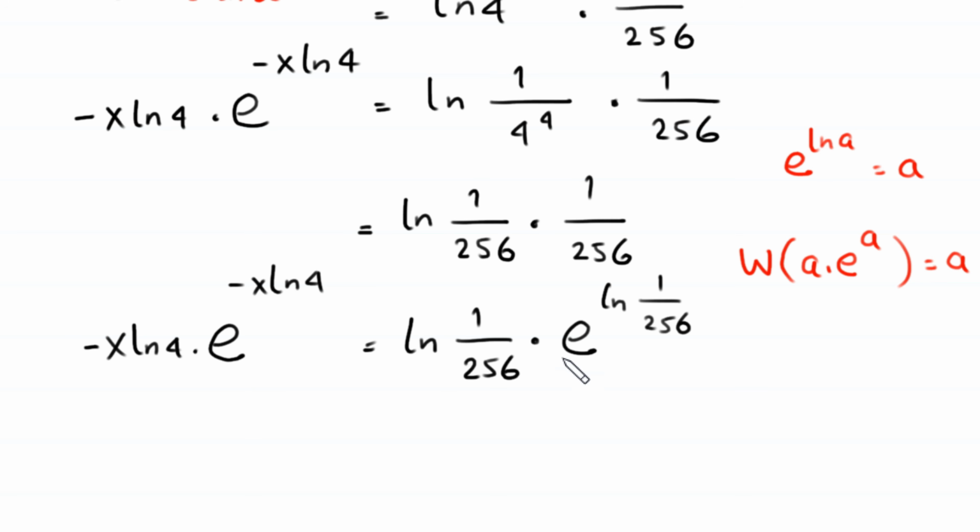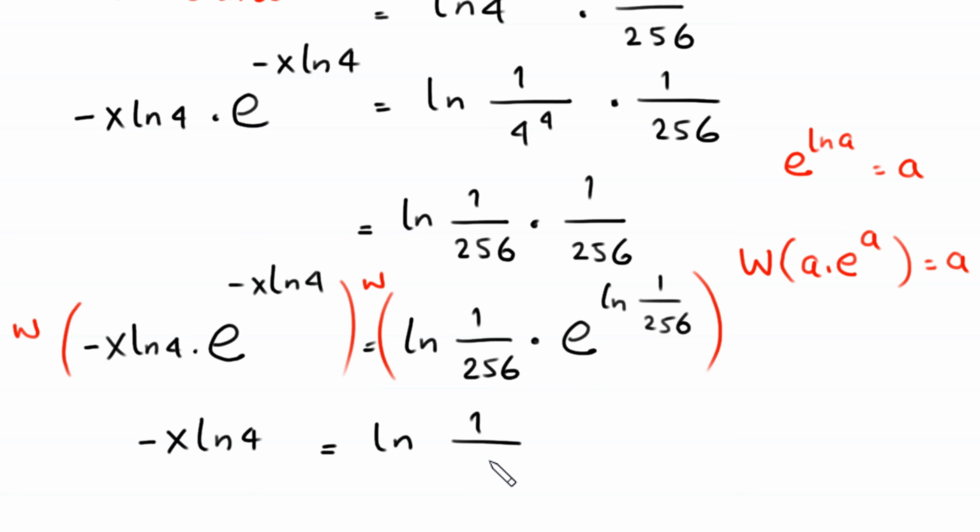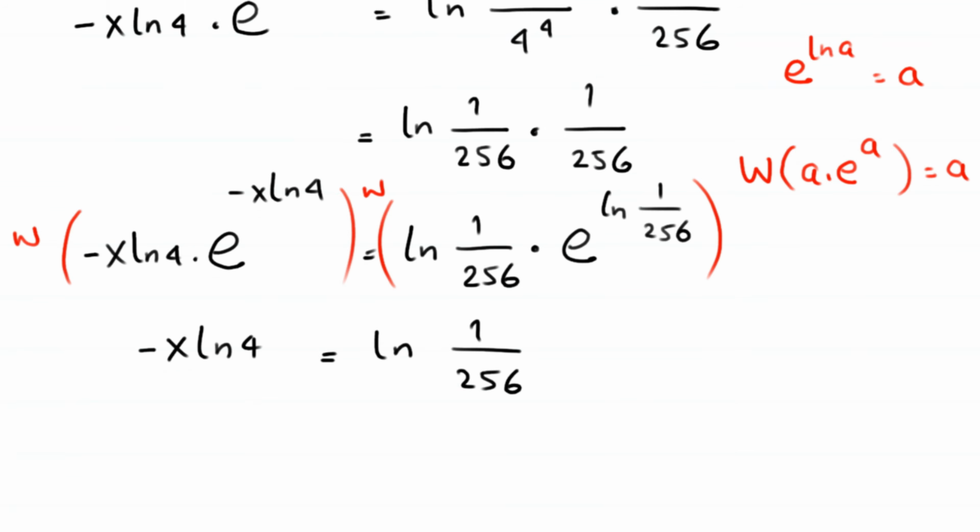Now we have both sides suitable for the Lambda W function, so we apply the Lambda W function on both sides. Lambda W function of this expression is equal to negative x times ln of 4, and Lambda W function of this expression is equal to ln of 1 over 256.